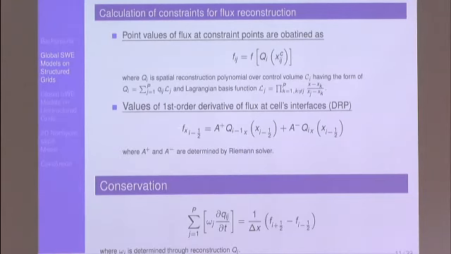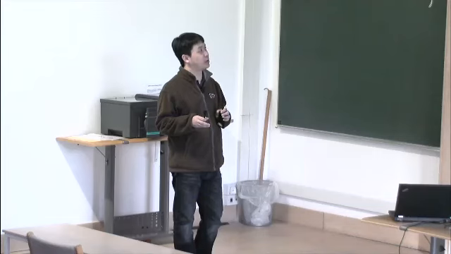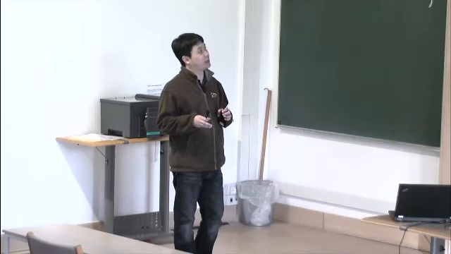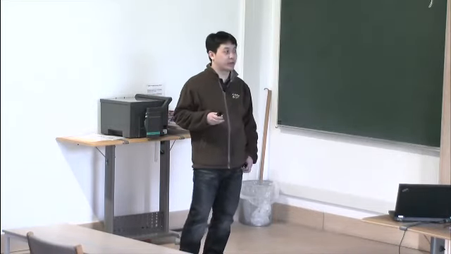Okay, with these formulations, we can accomplish the spatial discretization for the degrees of freedom, and the time integration in our model is usually accomplished by using explicit Runge-Kutta schemes.